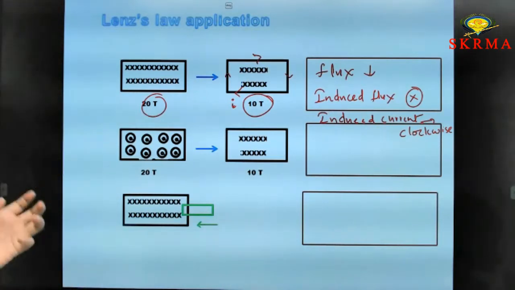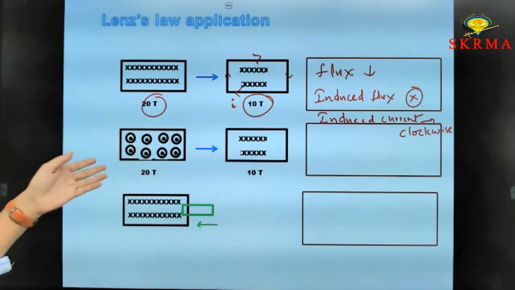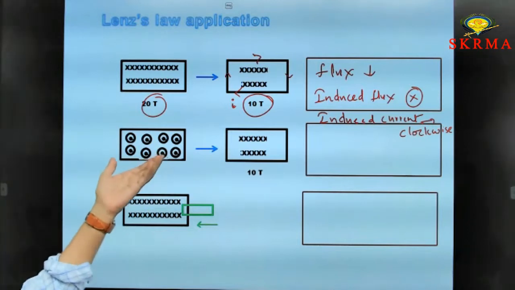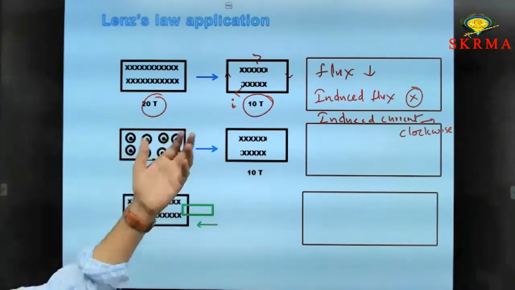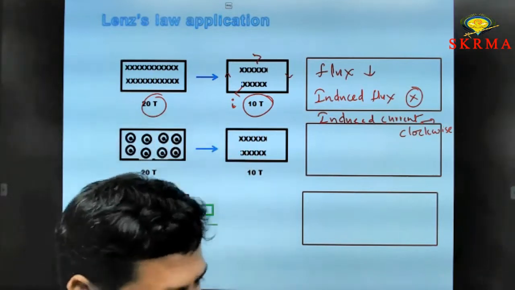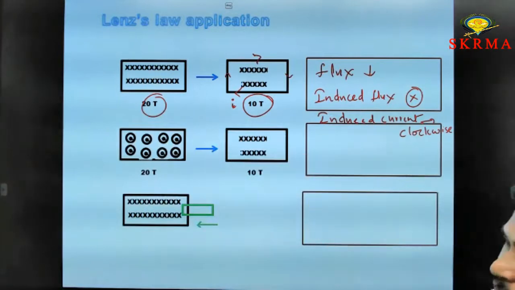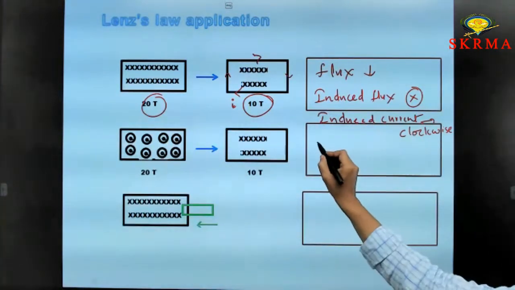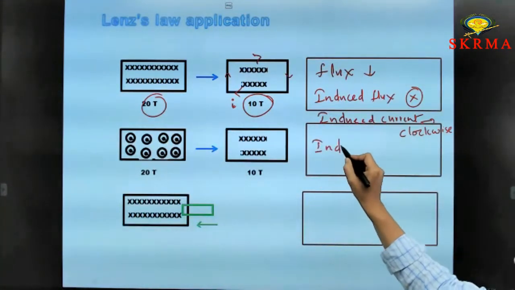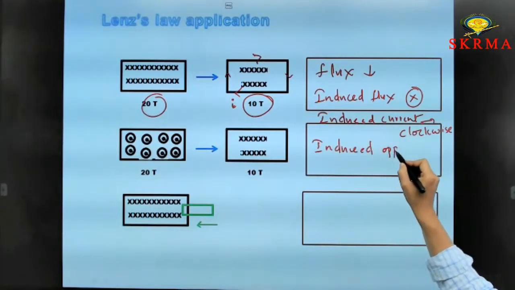In the same way, you can explain the second case also. What is the second case? Here the dot represents out of the page, and here into the page. Means the flux changes from initially out of the page to into the page. In such a case, the net induced flux opposes the change.